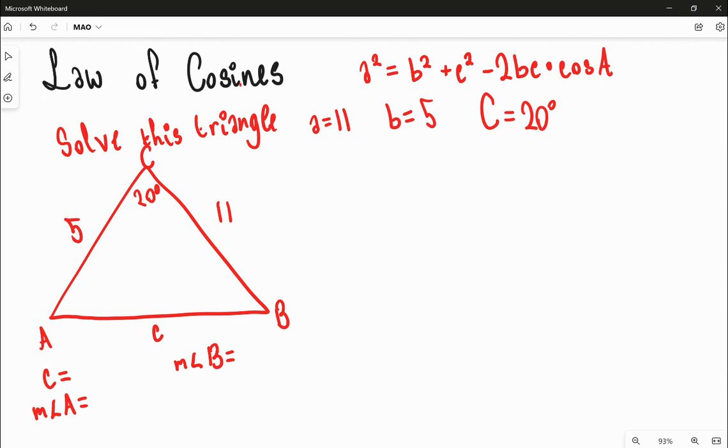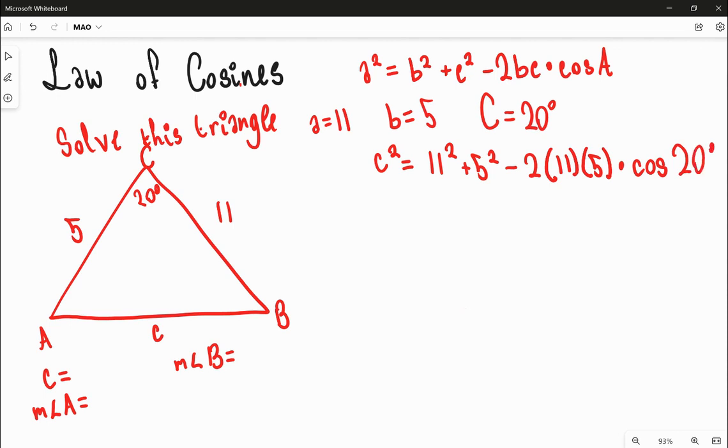So if we plug it into one of the law of cosines equations, let's say c squared, that missing value, is equal to 11 squared, the value we have, plus 5 squared, another value we have, minus 2 times 11 times 5 times cosine of that angle, 20 degrees. You can go ahead and solve this out by yourself if you want to. Go ahead and pause at any time and work ahead.